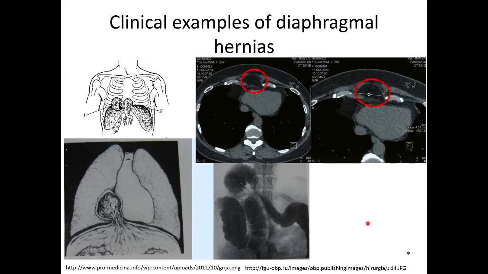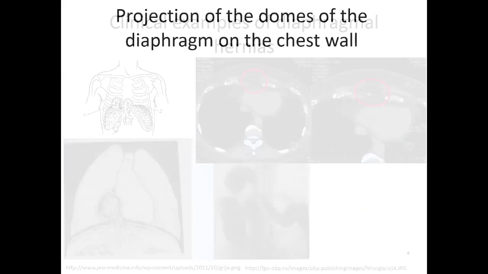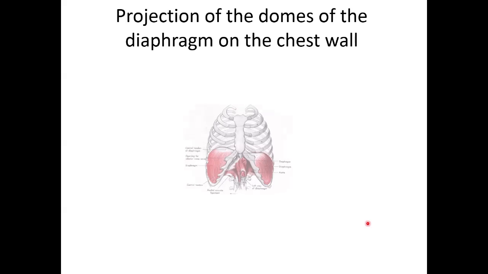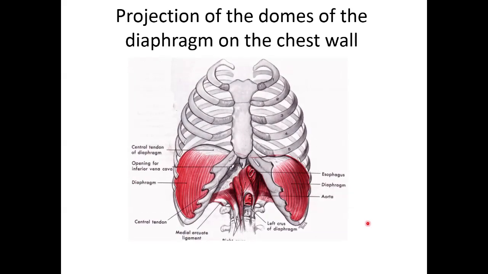Now another question, about projections of the domes of the diaphragm on the chest wall. We can say that the diaphragm has two large domes, the right dome and the left dome.